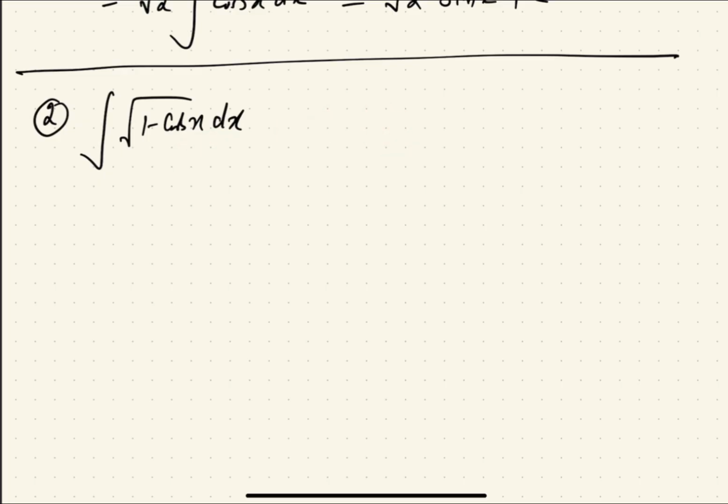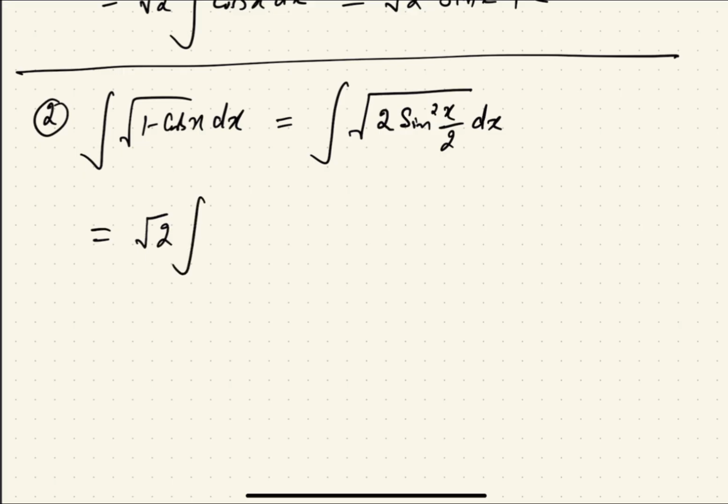Okay, and this will be equal to, here the square root is of 2 sine square x over 2, and here dx. Okay, and this square root 2 will come outside, and the square will cancel with the square root. Okay, this will be equal to square root 2 sine x over 2 dx.